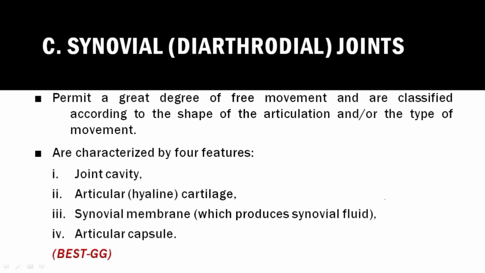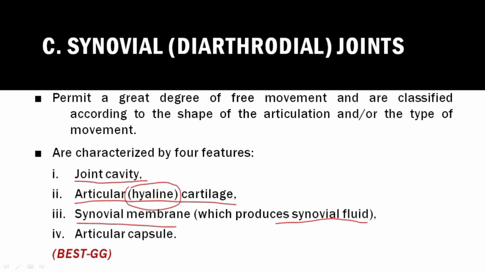The synovial joints have basically four characteristic features, which include: one, having a joint cavity, two, having articular cartilage. And the articular cartilage found in synovial joints is the hyaline type. They also have a synovial membrane, and this synovial membrane produces synovial fluid.